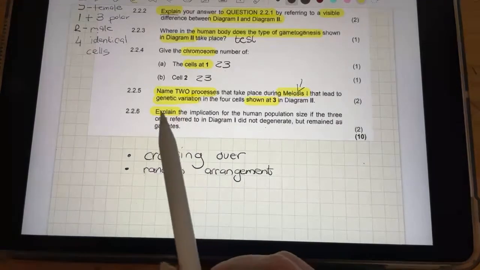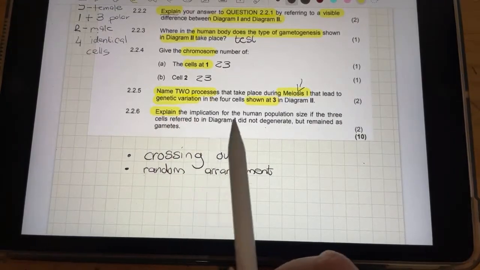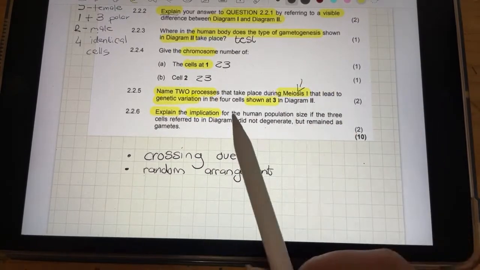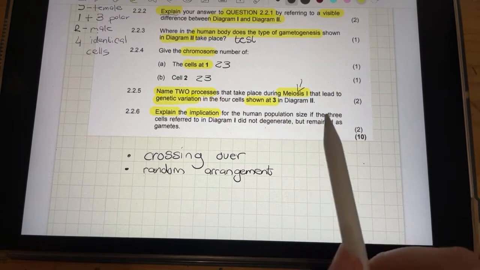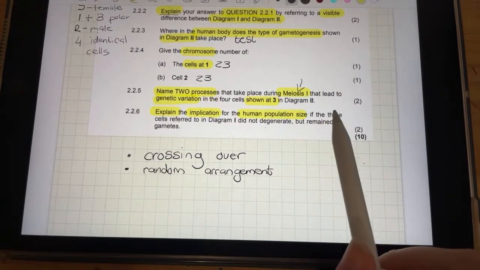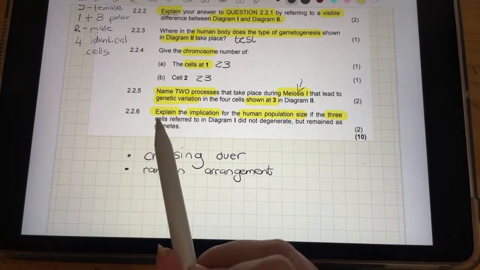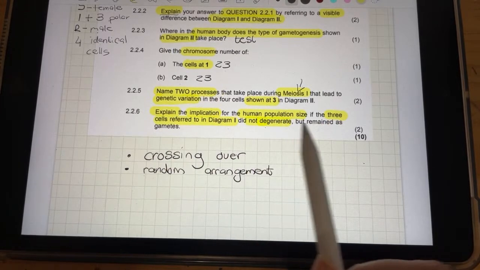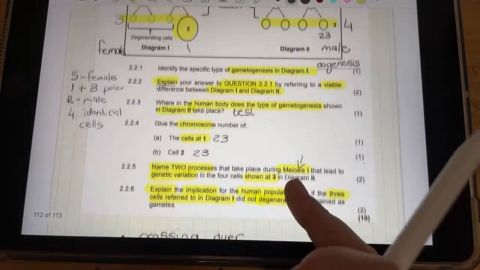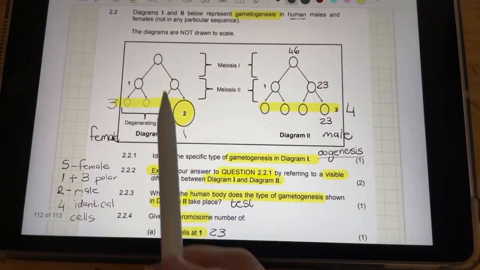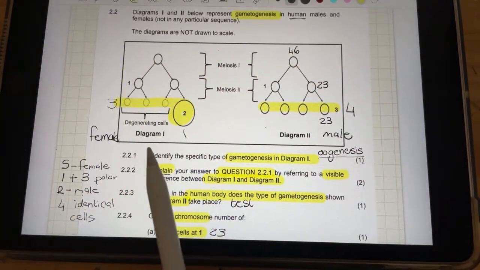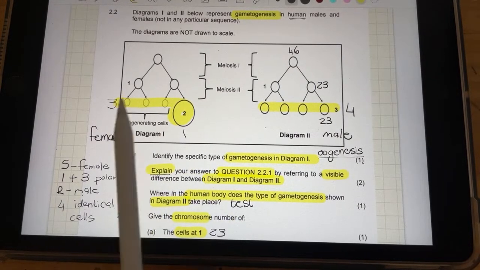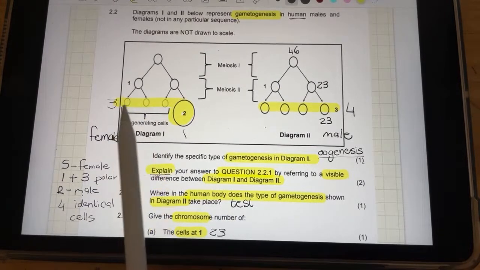So it says explain the implication for a human. Implication means like outcome or result. For a human population size, if the 3 cells referred to in diagram 1 did not degenerate, but remained as gametes. So if we just go back up here, we look at this diagram over here. What they're saying is, what would happen to the human population if these 3 cells were all eggs as well?